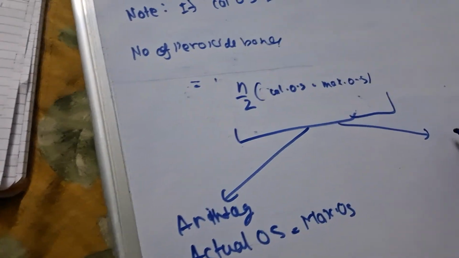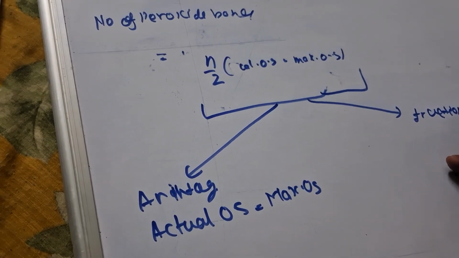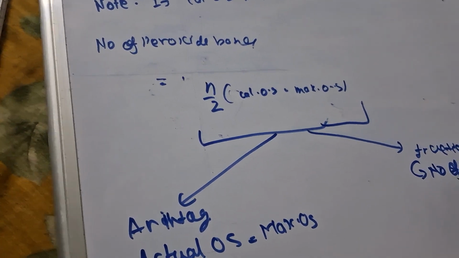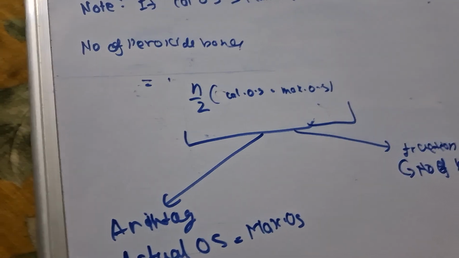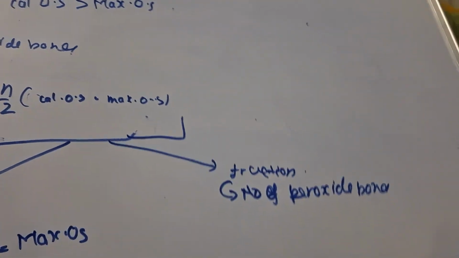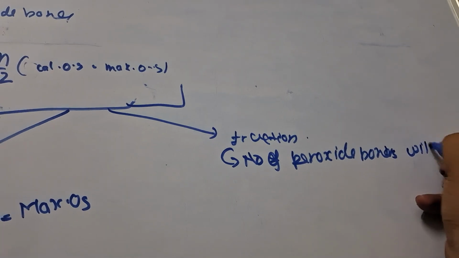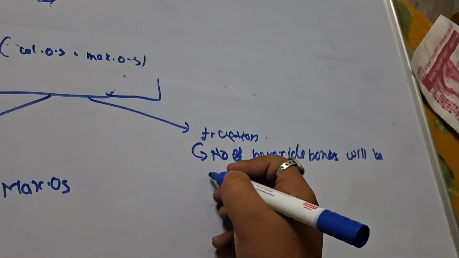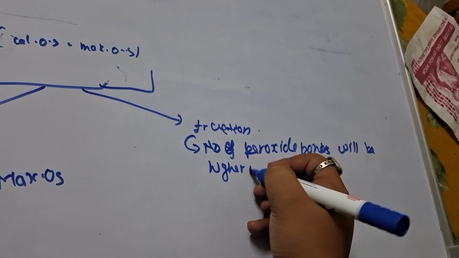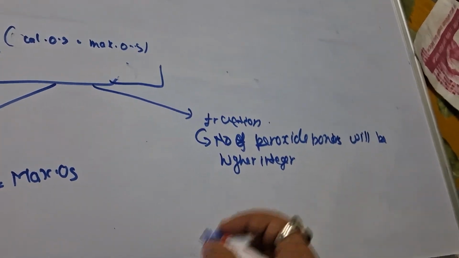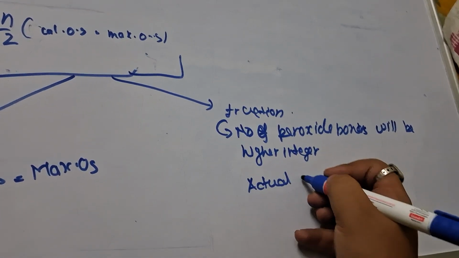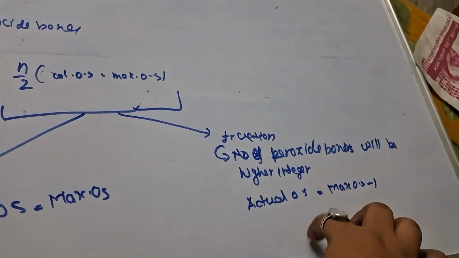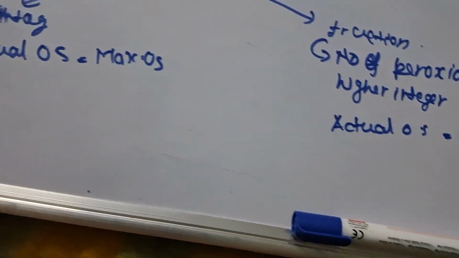Now if this comes out to be a fraction, the number of peroxide bonds will be the higher integer, and the actual oxidation state will be max oxidation state minus 1.